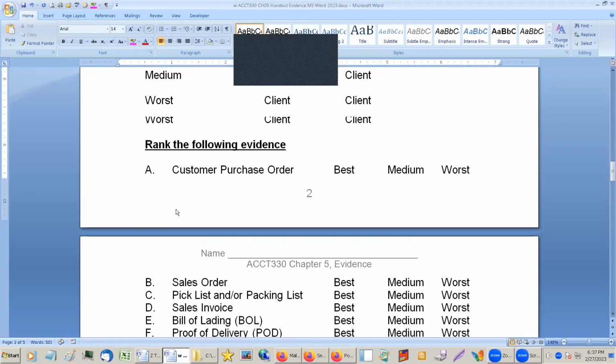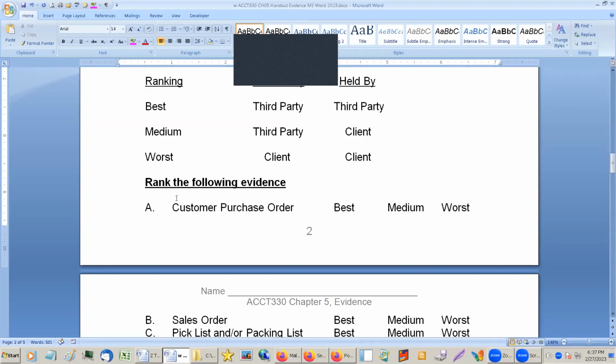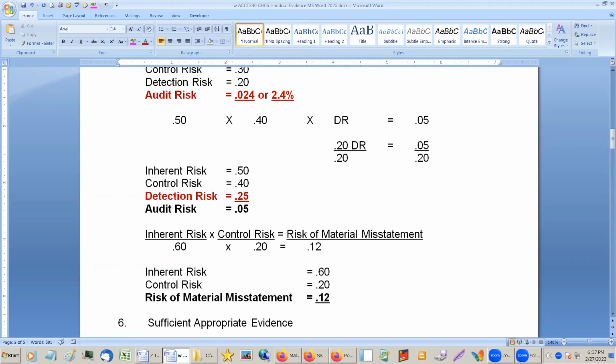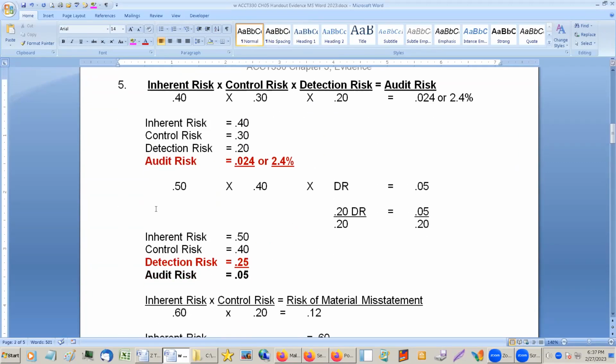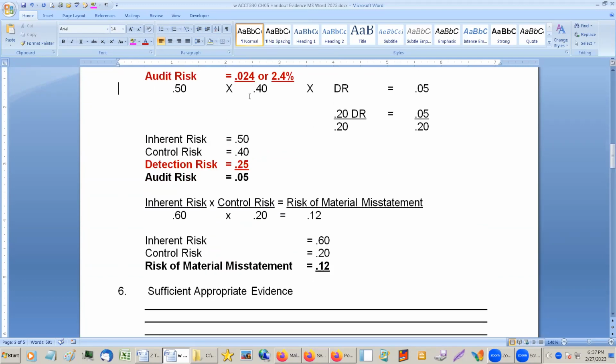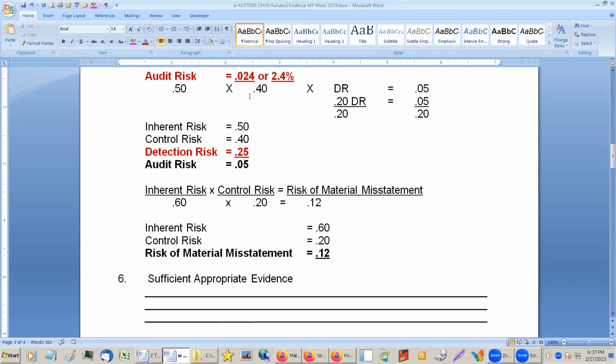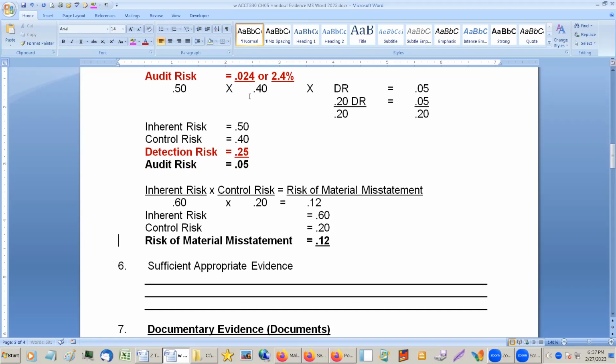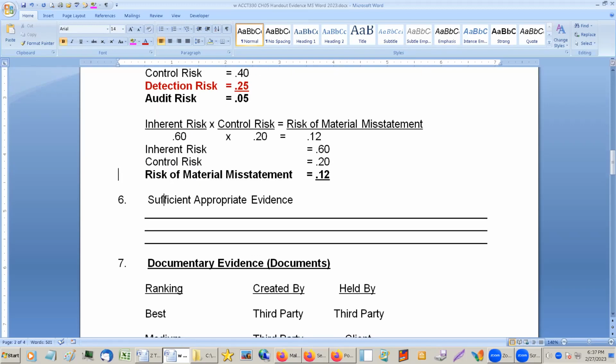Okay. So let me see here. And I'm going to try to save some space here. Okay. You're required as an auditor to get sufficient appropriate evidence.